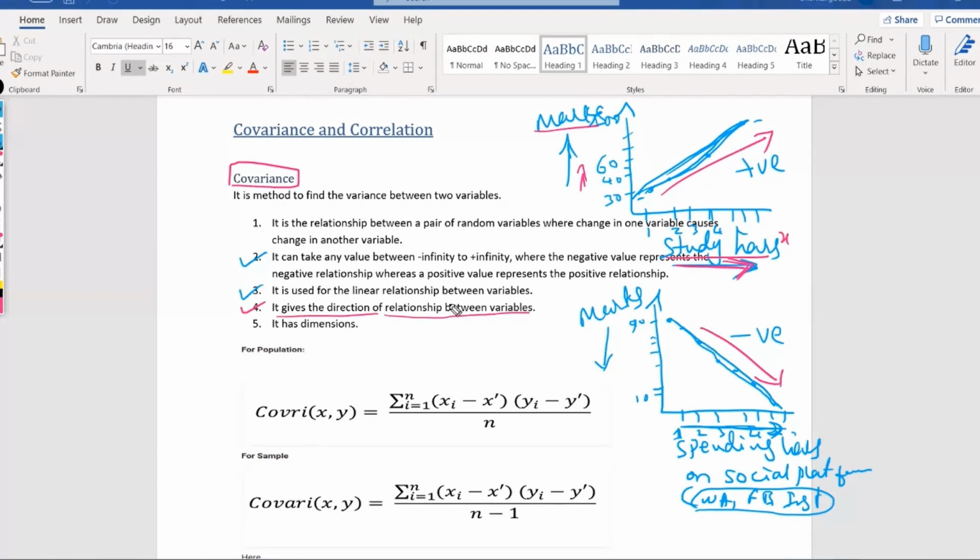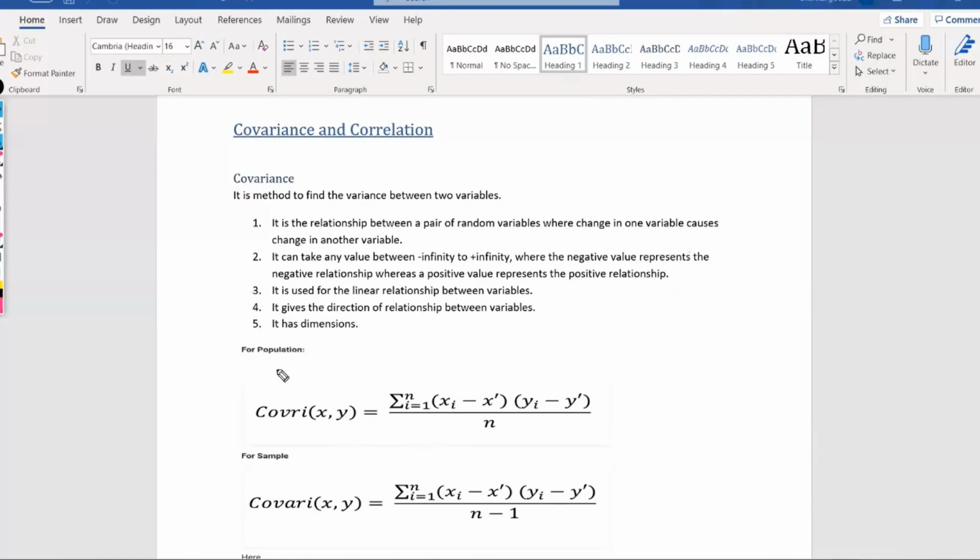All right. So if I want to present the covariance in terms of a formula, let's delete this. In terms of a formula, if I am considering an entire population, the whole population, in that case, I'm going to write covariance, okay?